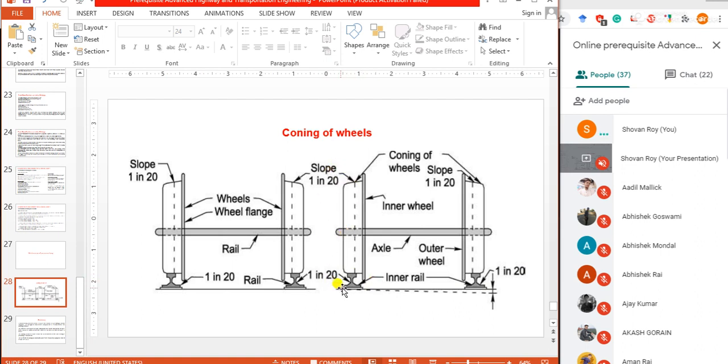Not only is the wheel in a slope shape, the slope is 1 in 20. In the rail section also the slope is 1 in 20.